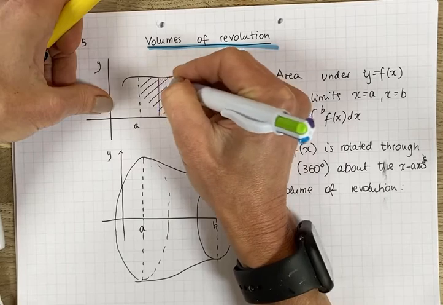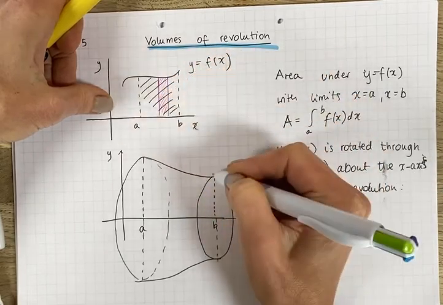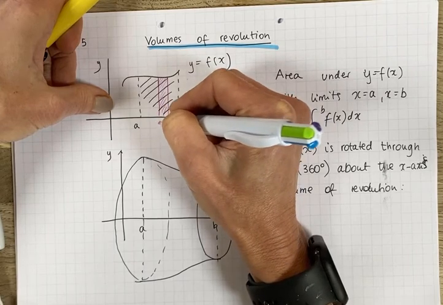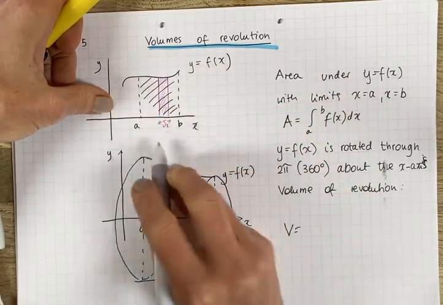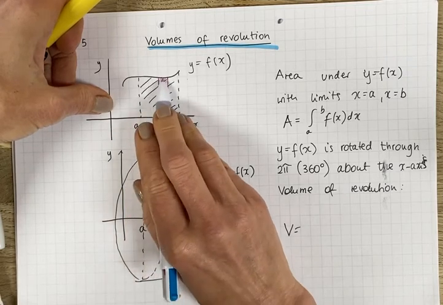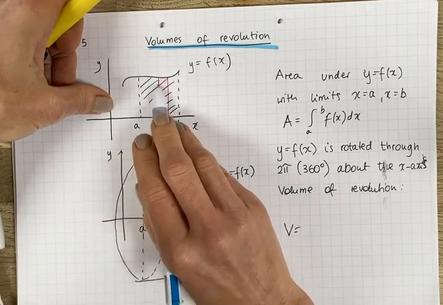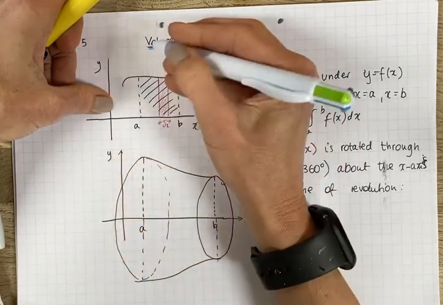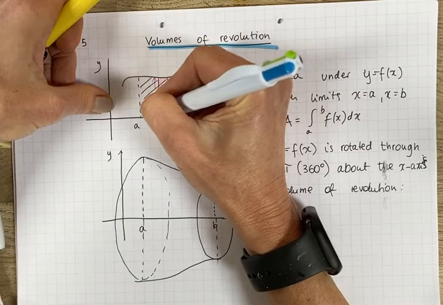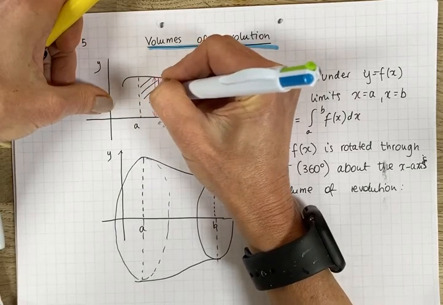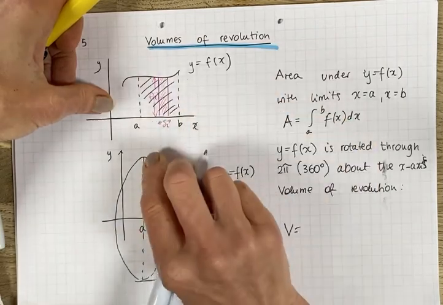Imagine breaking it up into a tiny strip here, which is of thickness delta x, and as that delta x gets smaller and smaller, this little strip will become closer and closer to a rectangle, which is delta x times the y coordinate of the point here, which is f of, let's say f of x. It will be of a point there, it doesn't matter.